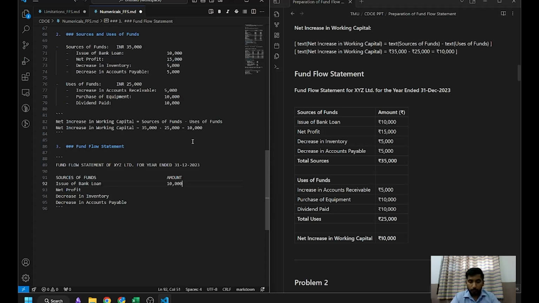That means we have the amounts of rupees 10,000, 15,000, 5,000 and 5,000, making my total sources as 35,000.